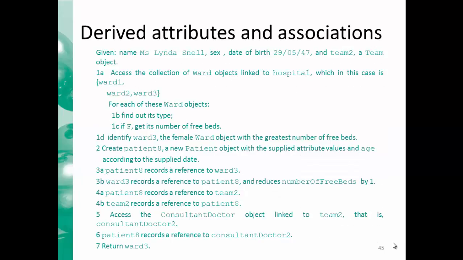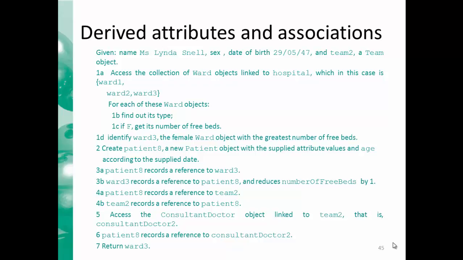Here is the walkthrough for the derived attribute, to extract and calculate the number of free beds in case the ward is either admitting patients or checking out patients. In our case, they are admitting patient 8.